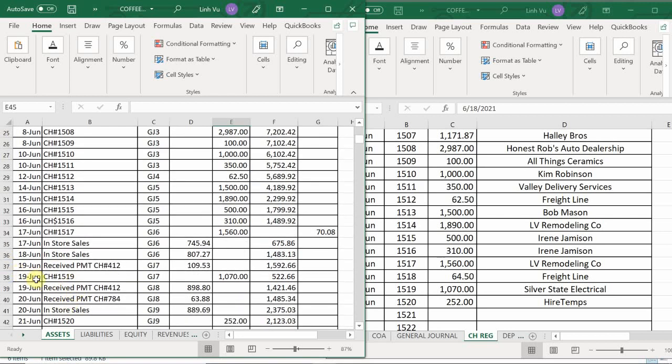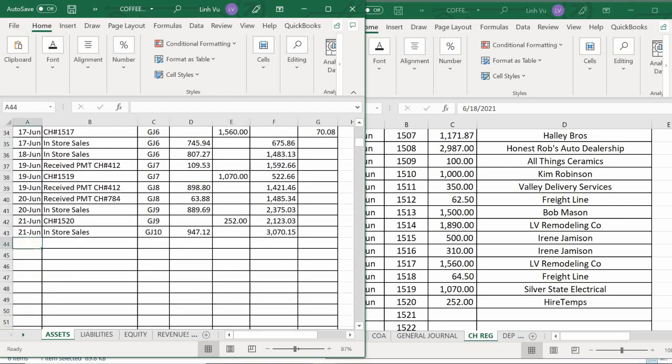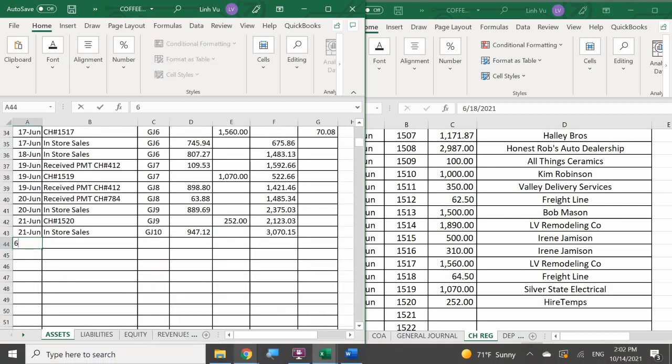So I missed it somewhere. Therefore, I need to insert it in here somewhere. I don't know exactly when, but I'm going to go ahead and place it in here since I don't have it on here. So what's today's date? The 15th? The date from this was the 18th. Okay. Check number 1518, general journal.